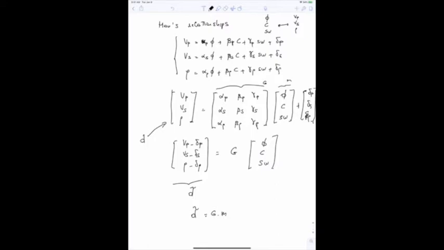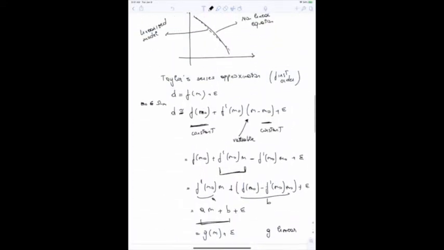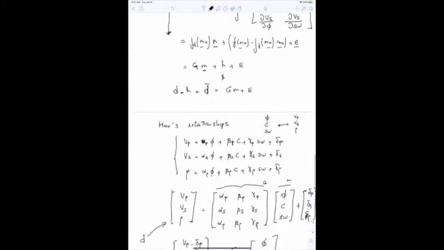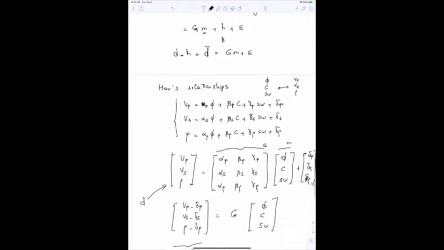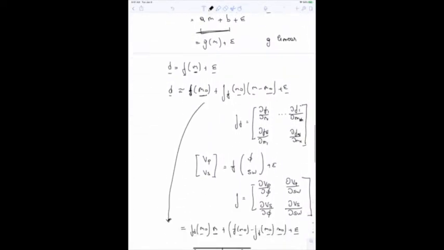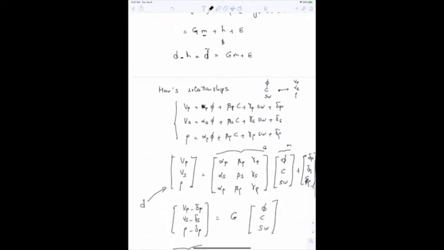So that's how the linearization works. In this case, the entire model was essentially linear, so just this was the setup. But if it's not linear, what you have to do is to take the Taylor's series approximation, truncate it to the first term, and rearrange the terms like I did here.